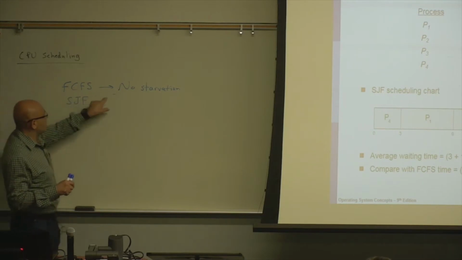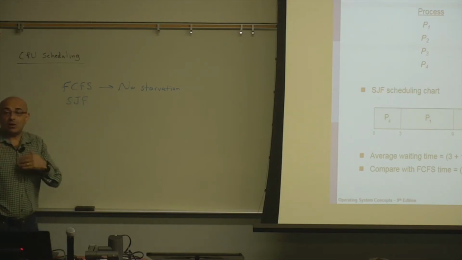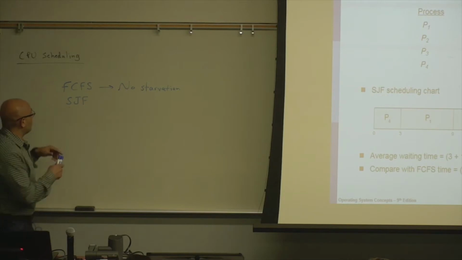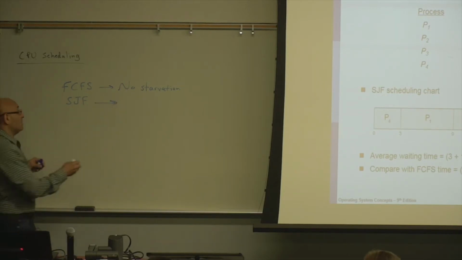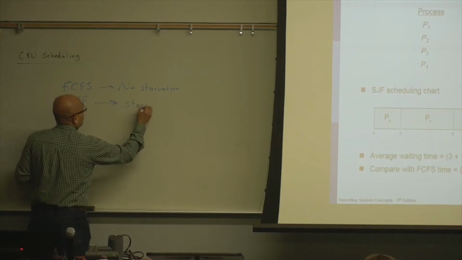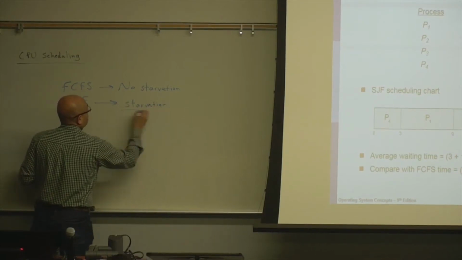So the problem with first come, first served is the long waiting time. What's the problem with shortest job first? Yeah, starvation. This is where you may have starvation.